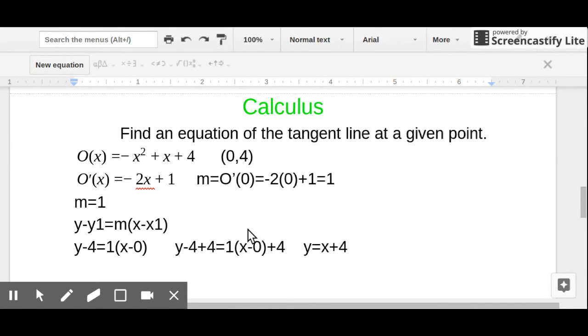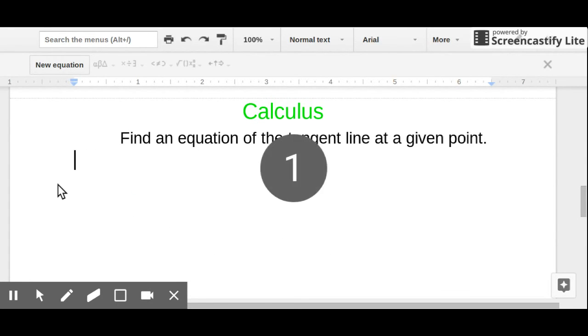And then we're going to be moving on to the shortcut methods of actually finding the derivative of these functions. All right, in this problem we're going to be finding the equation of the tangent line that passes through a given point on the curve.